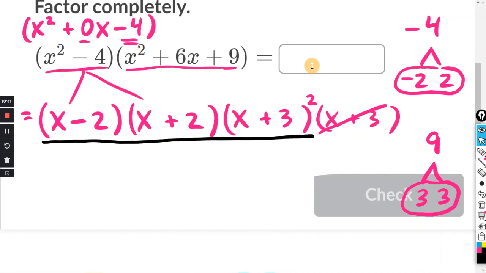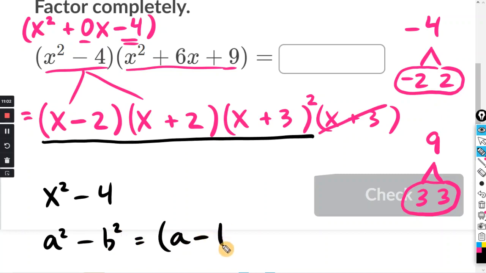All right, so one quick thing here, one quick formula. X squared minus 4. There's actually a formula for this. I like doing it this way better, but there's a formula for this. If you have a squared minus b squared, that is going to equal a minus b times a plus b. Okay, so in this case, a squared is x squared, so a equals x.